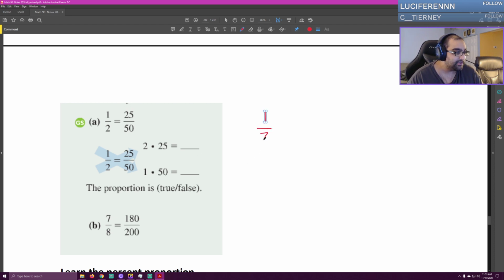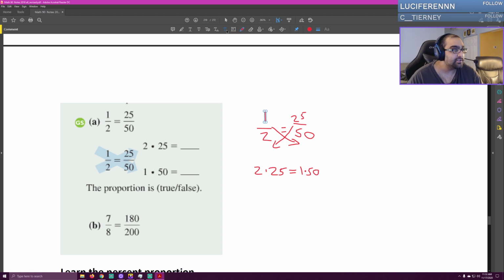Well, again, we cross multiply just like so, draw our arrows just like that. And then we say, all right, well, we have 2 times 25 equals 1 times 50.